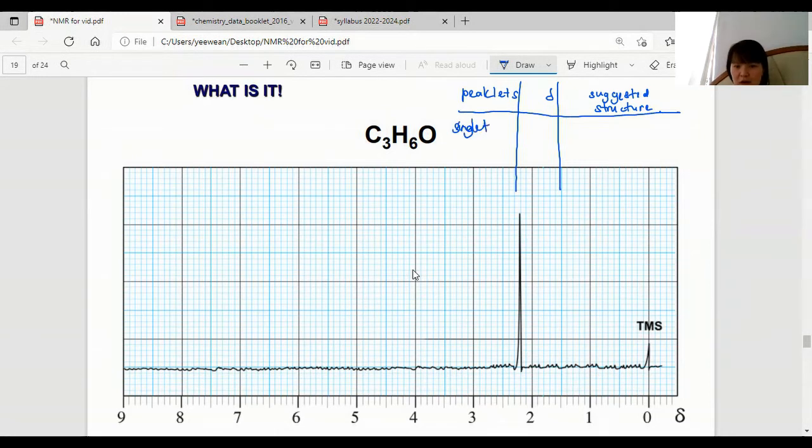And it's somewhere, I don't know, 2.3 maybe. And suggested structure, I need all 6 to be in the same environment. I told you before, I can't put 1, 2, 3, 4, 5, 6 on the same carbon. So they can't all go into the same house. It's probably 2 houses with 3 each.